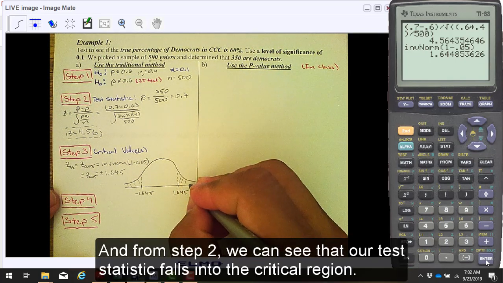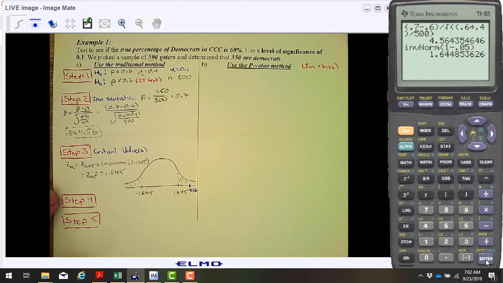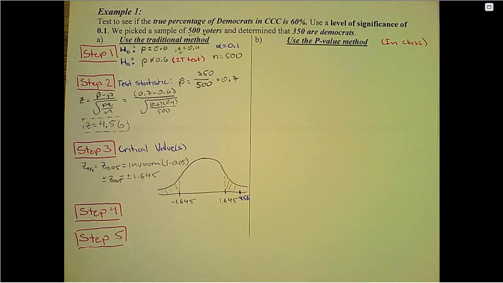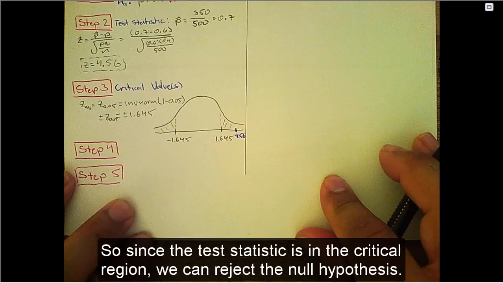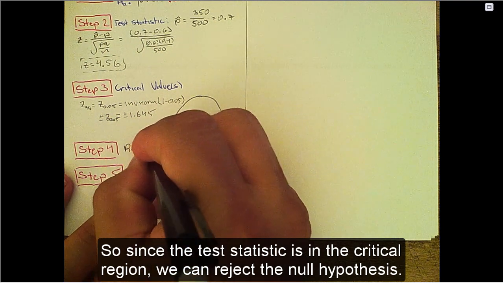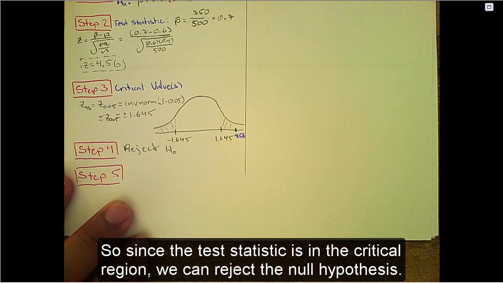And from step 2, we can see that our test statistic falls into the critical region. So since the test statistic is in the critical region, we can reject the null hypothesis.